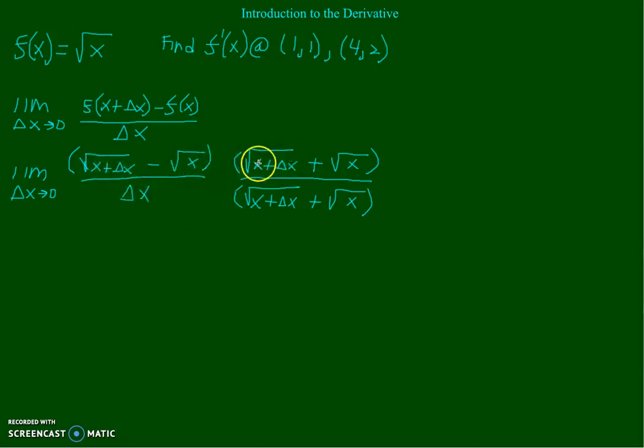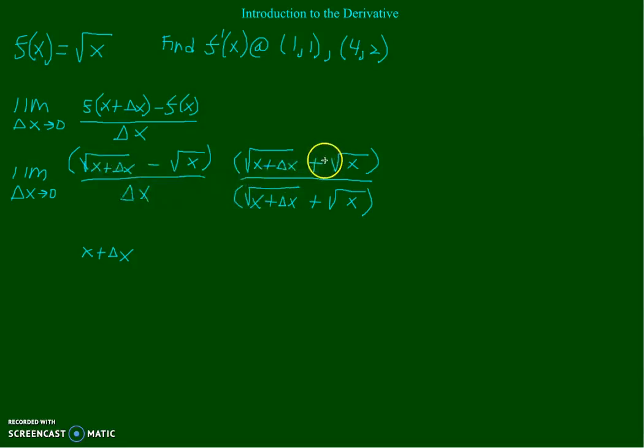So this times this, the square root of anything squared is the thing itself. So the square root of x plus delta x times the square root of x plus delta x is just x plus delta x.